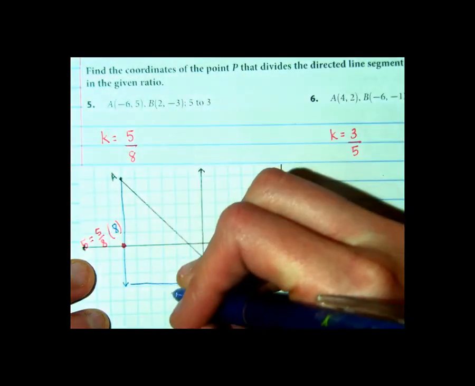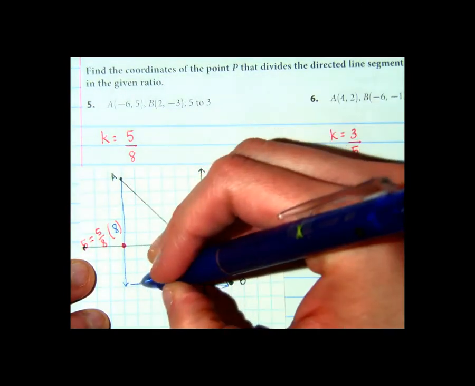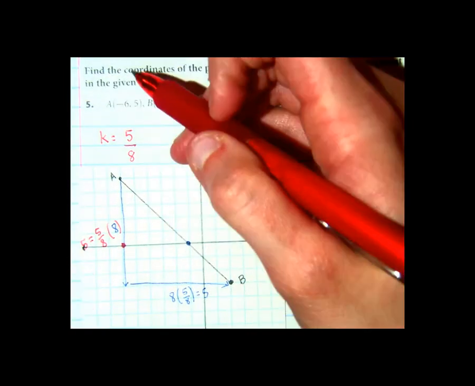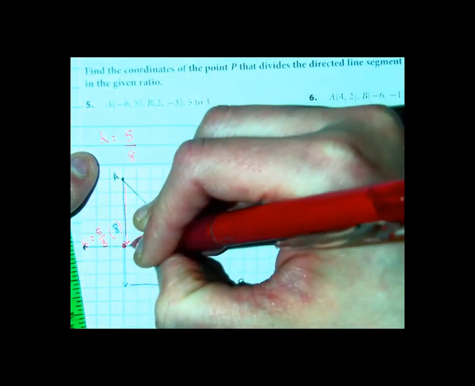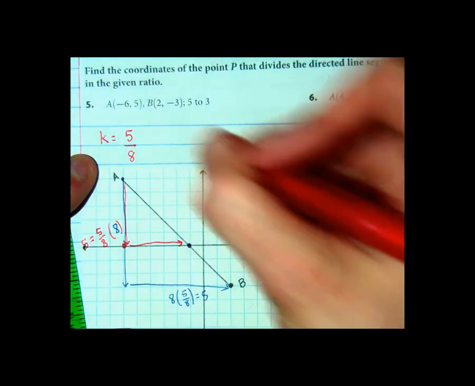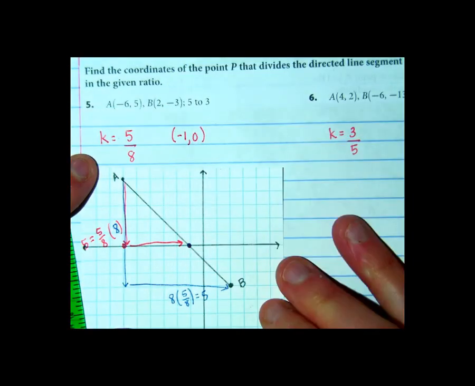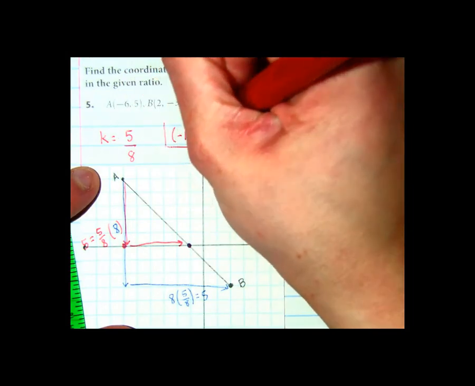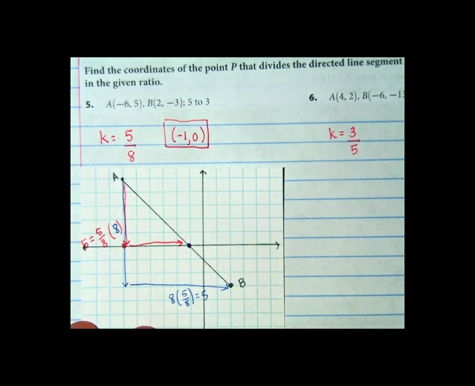It's also 8, and 5/8 of 8 is 5. So 1, 2, 3, 4, 5 is exactly what he said. So we could just do that instead. So you go down 5, right 5. So where is that point subdivided? -1, 0. And this is the answer I'm looking for. Nothing else there. If you did them on graph paper, you need to glue your graph in there.